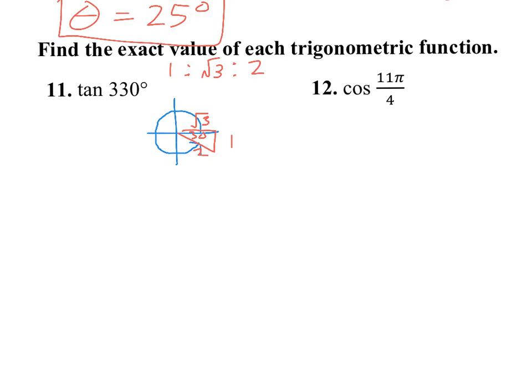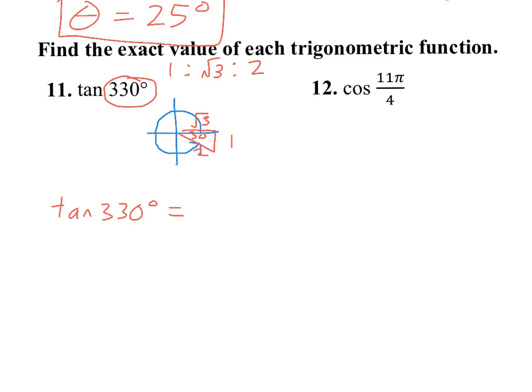So if I want to do the tangent of theta, I have to go opposite of the 30. So I know the angle says 330. So why are we using 30? Well, we just learned that's called a reference angle.